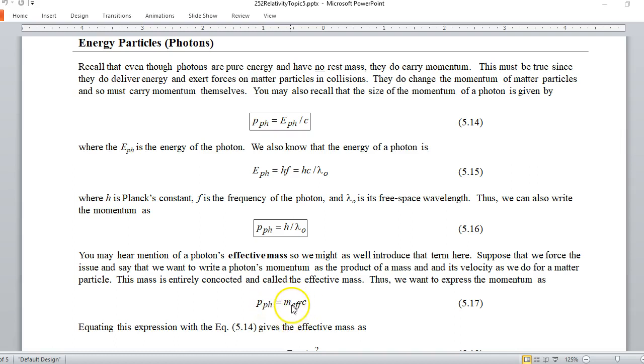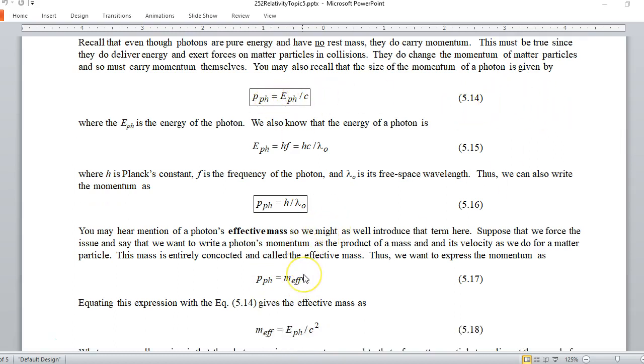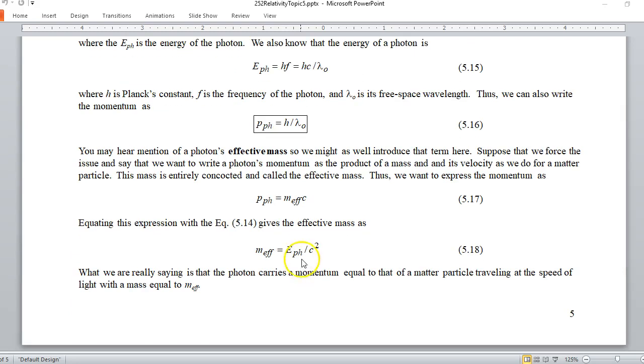And if you equate that expression for momentum with 5.14, the one that's boxed up here, that effective mass has to be the energy of the photon divided by c squared. It's something extra, but a lot of physicists treat the photon as a particle with an effective mass, which is its energy over c squared.